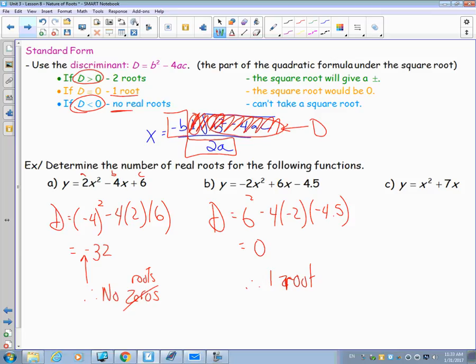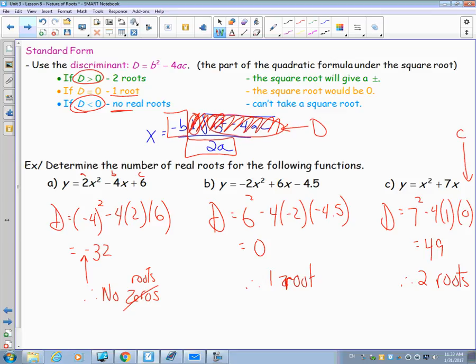And then the last one, b squared minus 4 times a times c. Now c is over here. There is no number there, which means it's a 0. So I end up with 49. It's a positive, so I got 2 roots. I have to worry about that plus minus sign in front of the root sign if I actually calculated them.